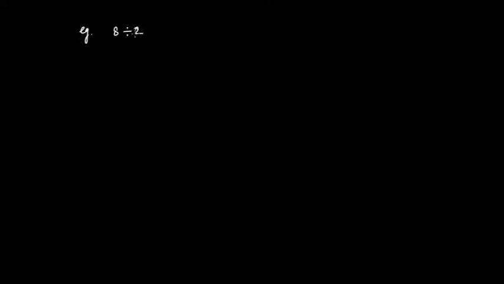When you divide 8 by 2, there is one method like you would have done in your junior classes, where you would write 8 like this and then divide it, and the answer would be 4, right? But there's one more basic way for the division, the very first way which you would have learned, to find the answer of any division.